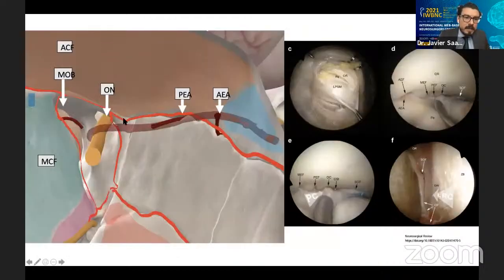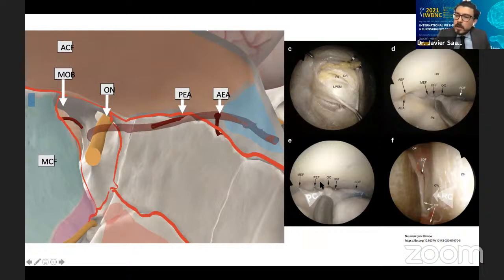So finally, we get into the more superior and medial portion of the orbit, and you will get to see these arteries, the posterior ethmoidal artery and the anterior ethmoidal artery. This is a very important landmark because once you have identified the posterior ethmoidal foramen, you are really near the optic nerve. You're really near the optic canal.